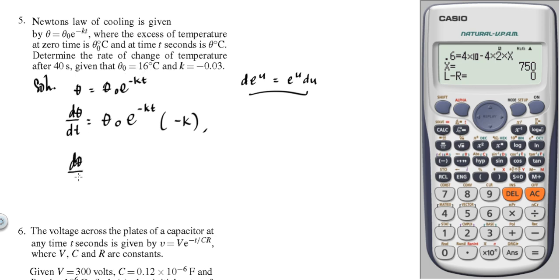So, we have d theta dt is equal to 16 times e raised to minus k. And k is negative. So, negative, negative, minus, minus. So, we have your 0.03.